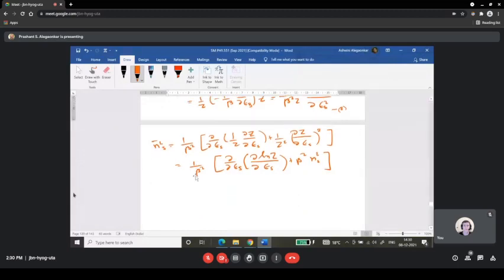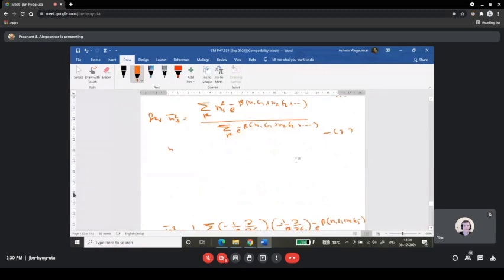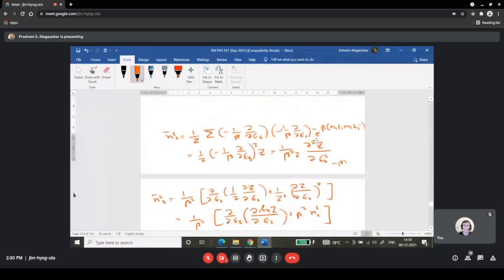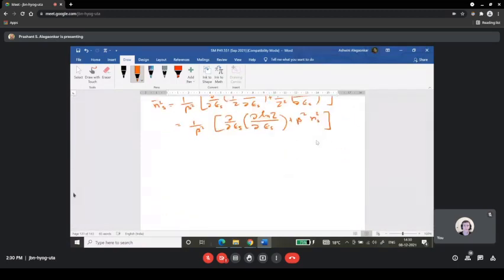Using our equation 6, this equation will now become the mean of (Δn_s) squared equal to 1 upon beta squared ∂² ln Z/∂ε_s squared. We call this relation number 9.